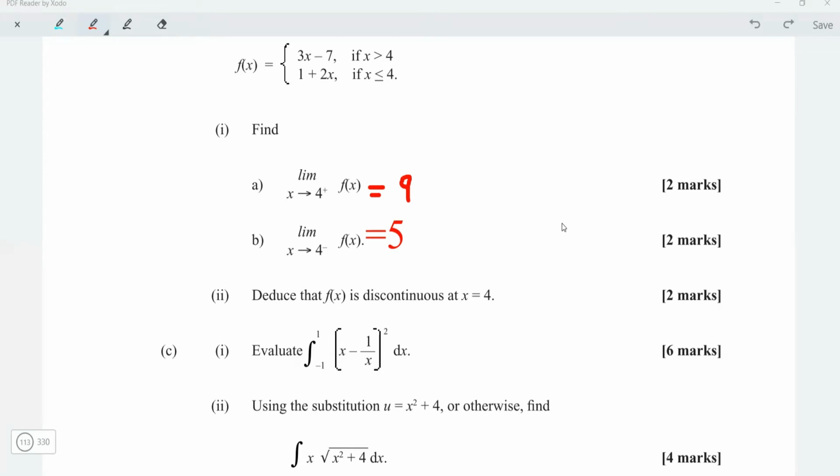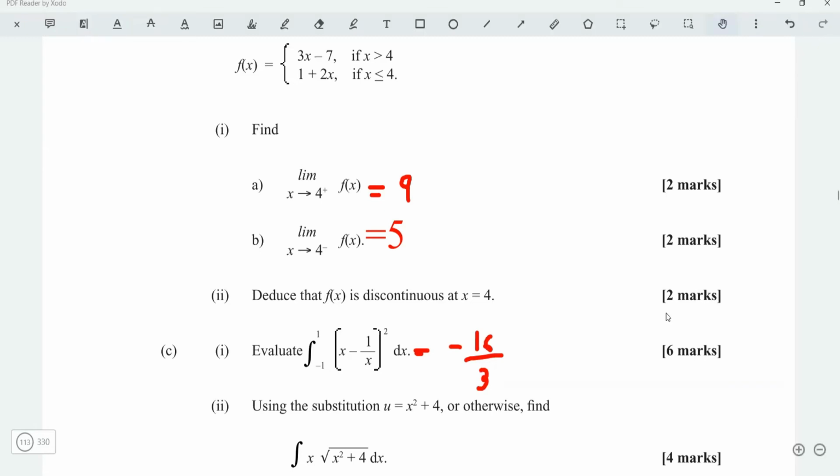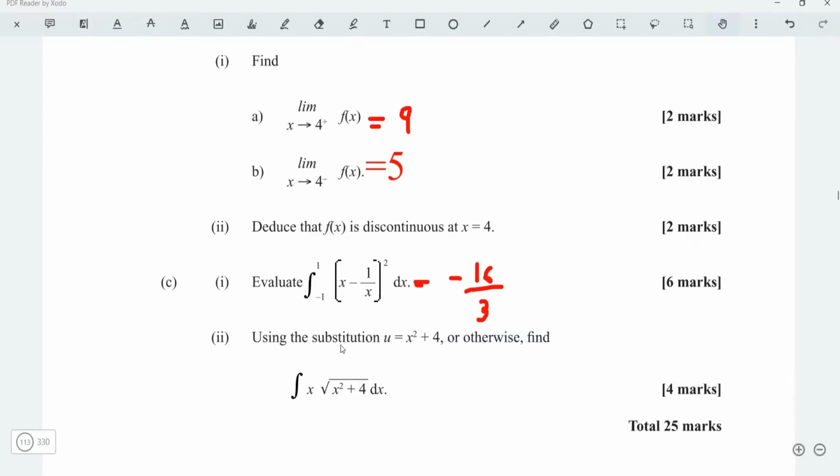This calculator can't perform that. As you can see, the calculator is unable to perform, so we're just going to trust that we made no calculation mistake. So we get negative 16 over 3.